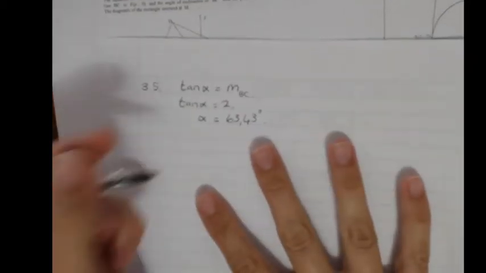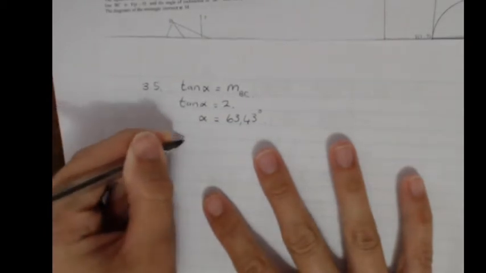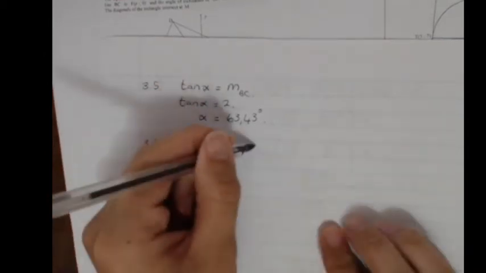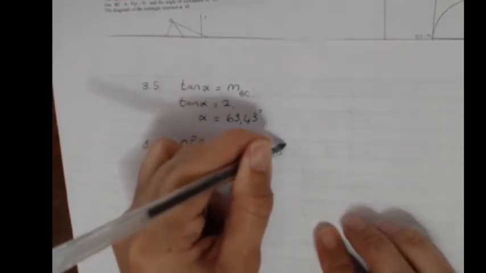So what I can do is say OFB will be equal to alpha, which is 63.43.